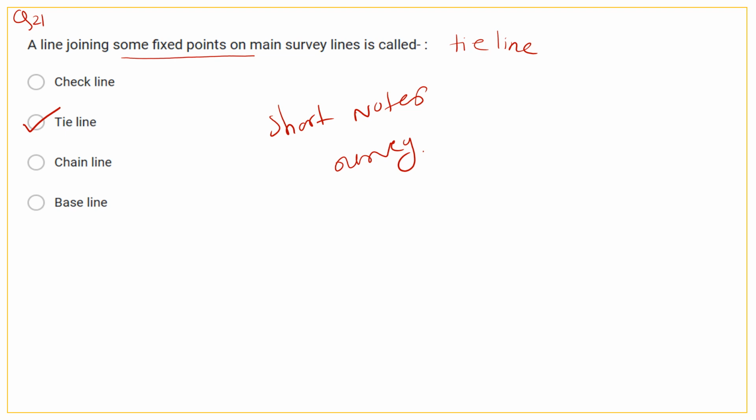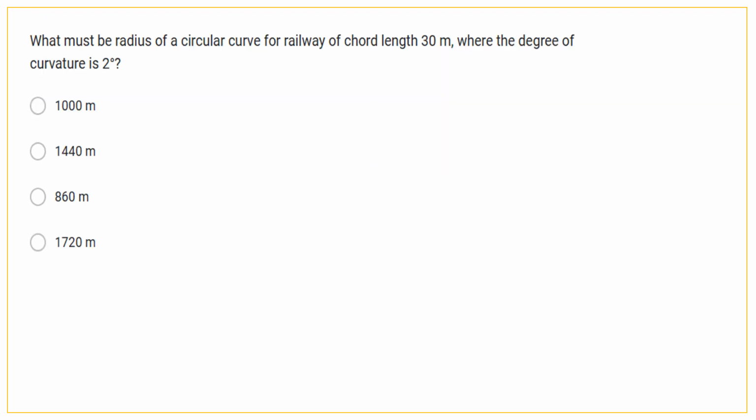Okay, the next question is question number 22. What must be the radius of circular curve for railway of chord length 30 meter where the degree of curvature is 2 degree? There are two formulas for two different conditions. First, when the chain length is 30 meter, and second, 20 meter.